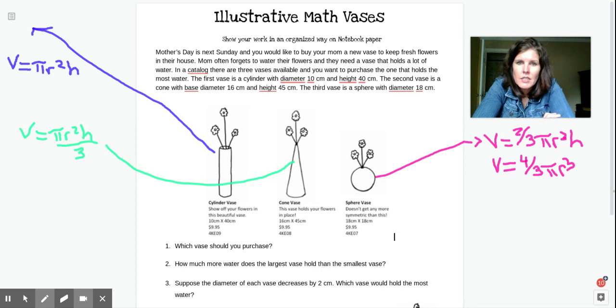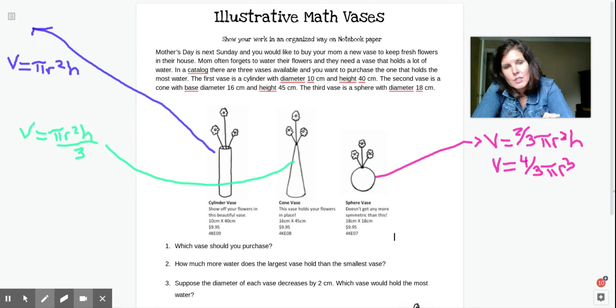The first is a cylinder with a diameter of 10 and a height of 40. The second is a cone with a diameter of 16 and a height of 45. And the third is a sphere with a diameter of 18.